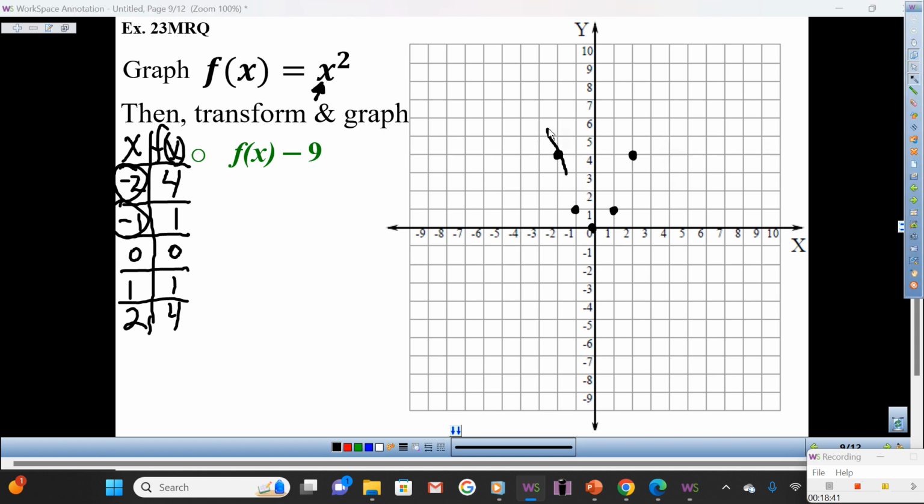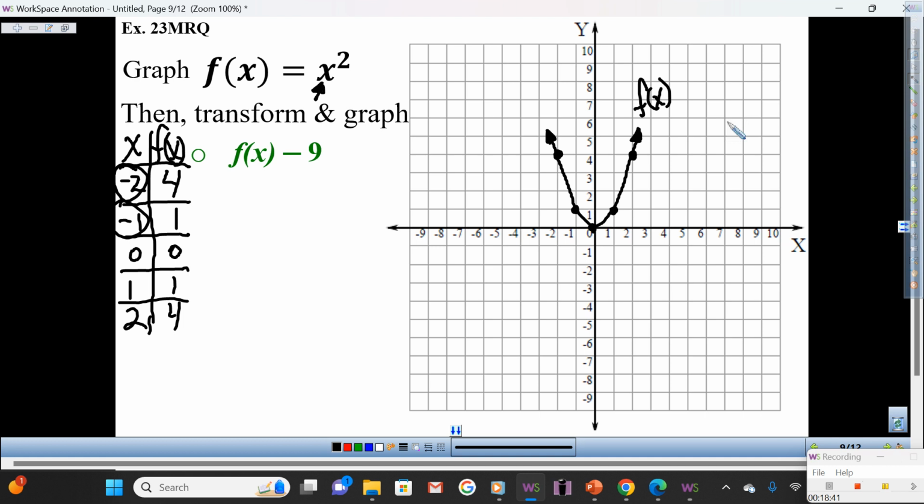Okay, let me start all over. From left to right. Remember, always going from left to right is our one direction. See what I did there? Pretty good. And we're gonna label this f of x.